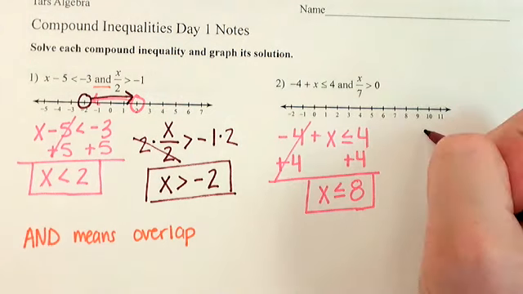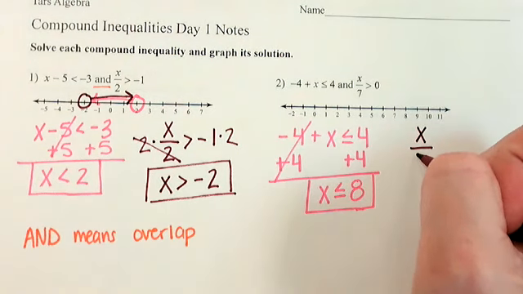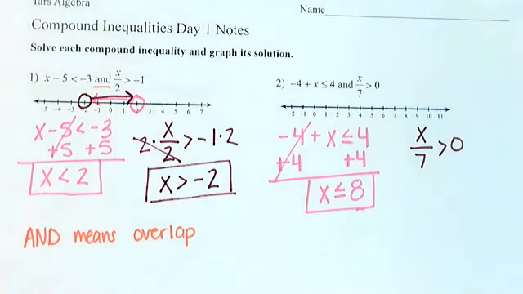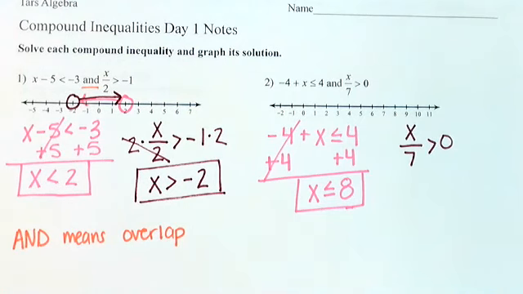Now we have to solve the other half of this problem. And so the other half is x divided by 7 is greater than 0. So our goal is always to get x by itself. Right now it's x divided by 7, so we have to do the opposite. We're going to multiply both sides by 7.